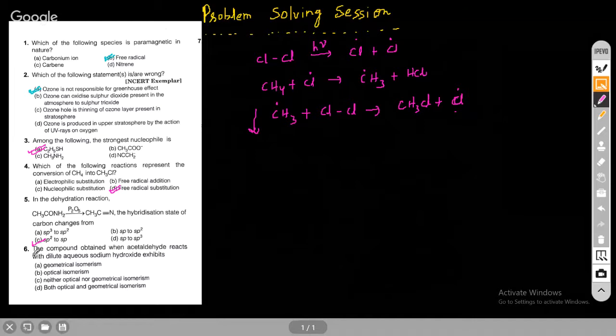Six, you are getting A. Optical is not possible. What product are you getting? Write down the product and see whether optical isomerism is possible or not.